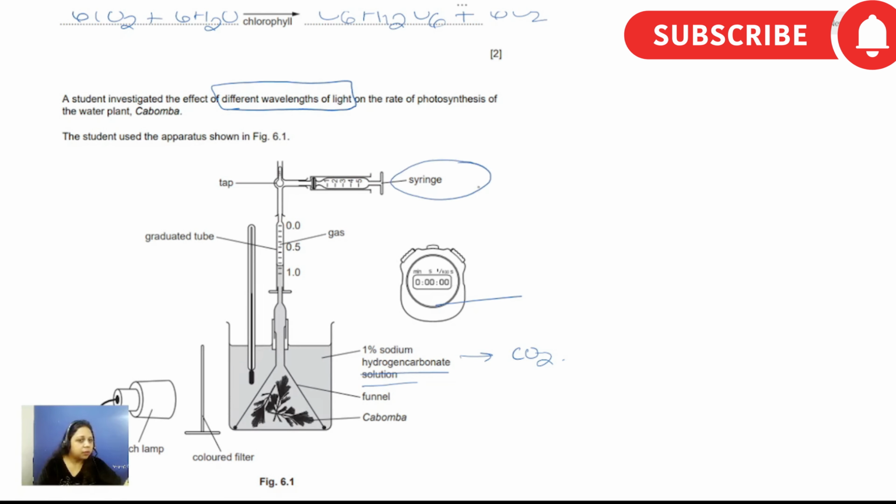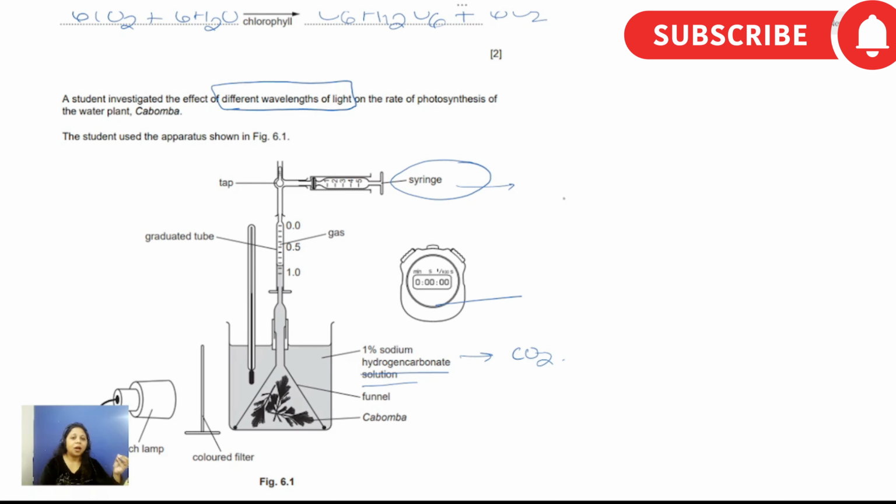Why are we using this syringe? No, I've told you you need to think out of the box. What could be that? Why are we using syringe? So we are saying it's a oxygen, exactly.